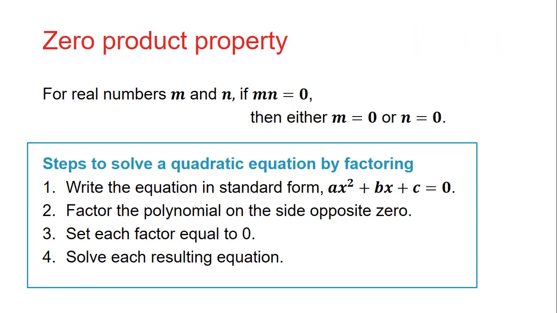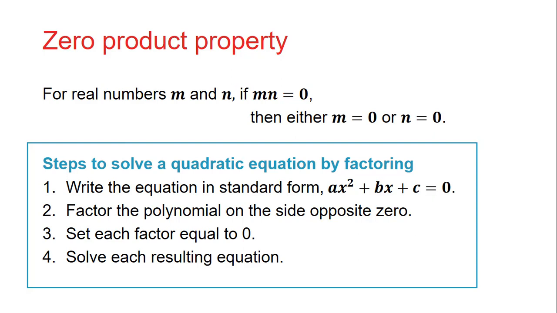One method that we're going to use to solve these equations, where to solve means we're trying to find what value of the variable makes the equation true, uses one property from the real numbers, the zero product property. It states that for real numbers m and n, if m times n is equal to 0, then either m is 0 or n is 0.